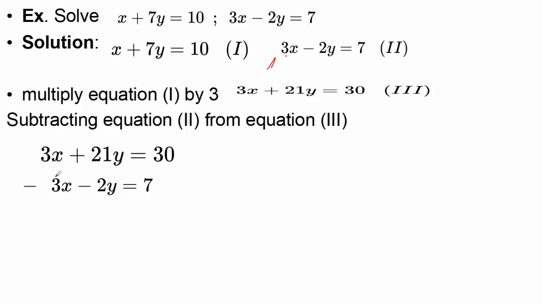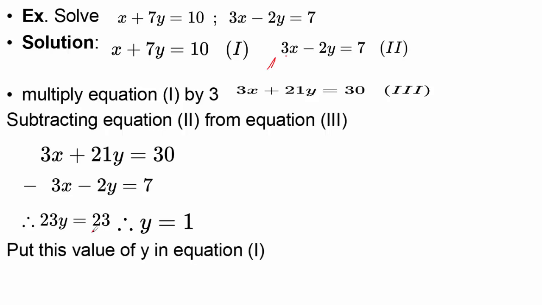We shall subtract this. Therefore, 3x minus 3x is 0, 21y minus 2y, that is 21y plus 2y equal to 23y, and 30 minus 7 is 23. Thus, we will get 23y equal to 23, and hence y equal to 23 divided by 23 equal to 1.